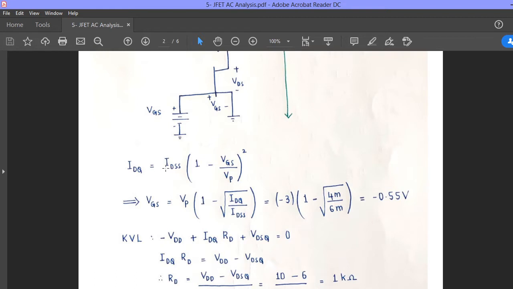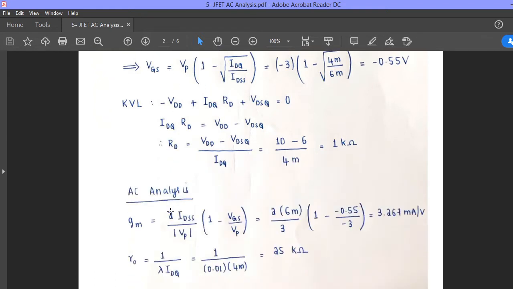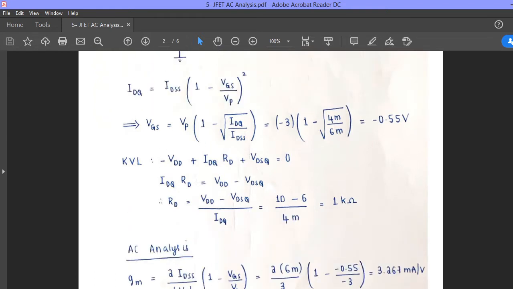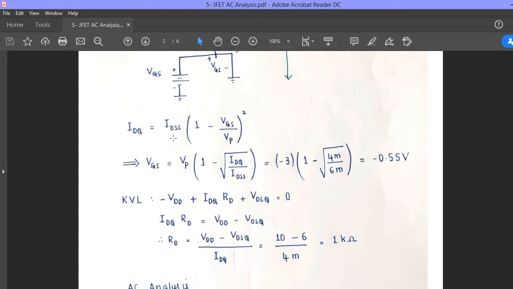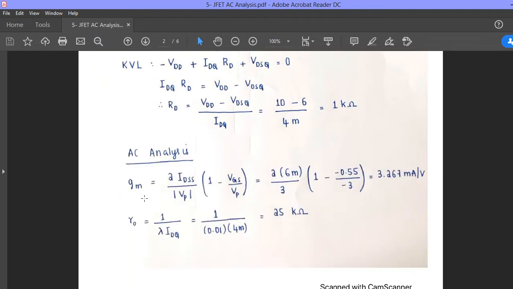When we differentiate this basic equation with respect to VGS, we get the GM value. After performing del ID by del VGS on the Shockley equation, we get this GM, and after putting in all the values, we get the value of GM and R0.